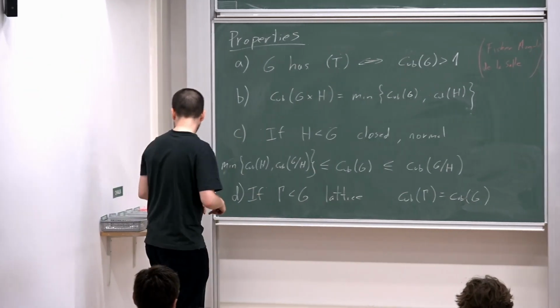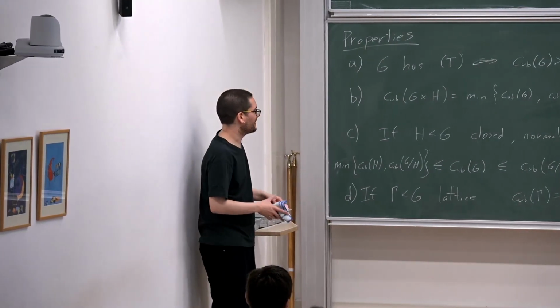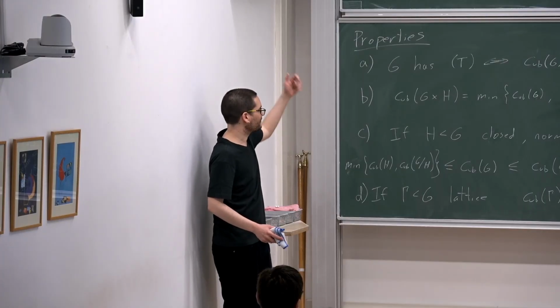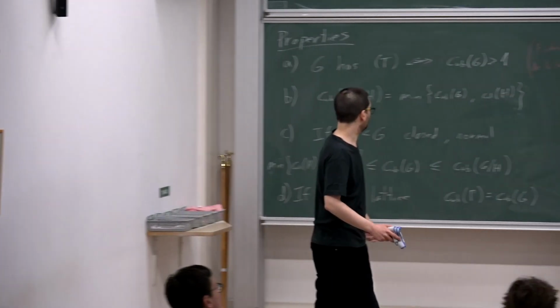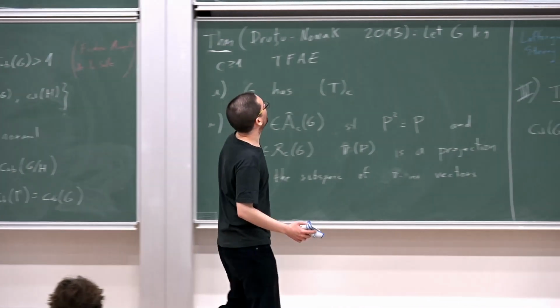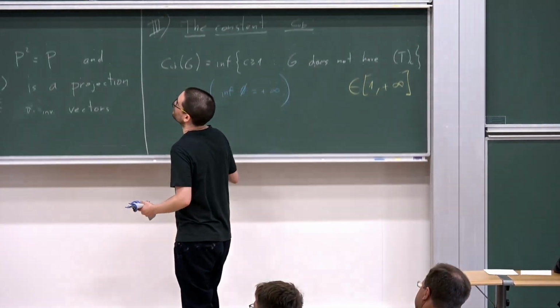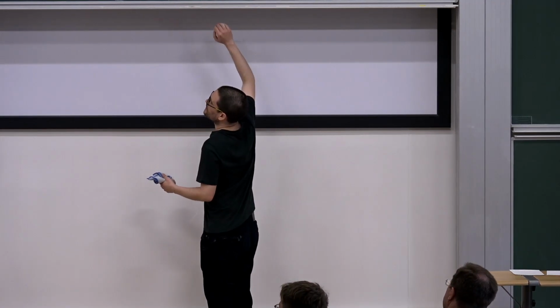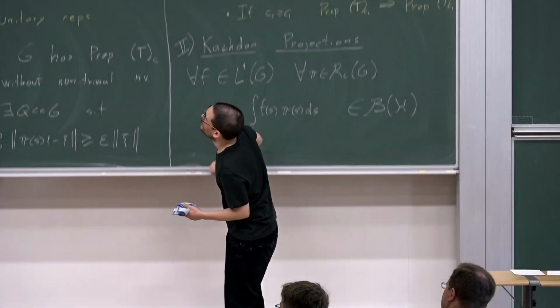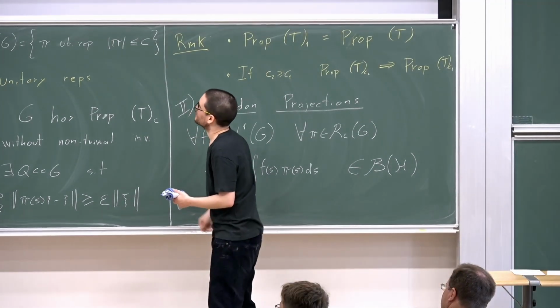Okay, so those are some nice properties, but they are really just extensions of what we know for property T. There is one more property that I want to mention, but I'm going to state it as a theorem.